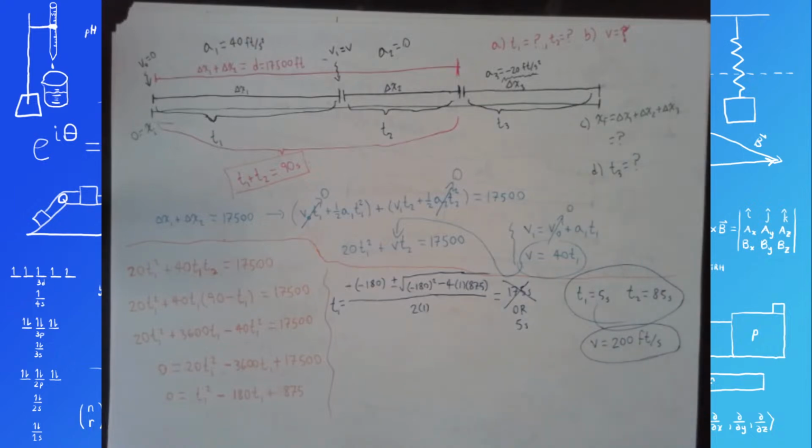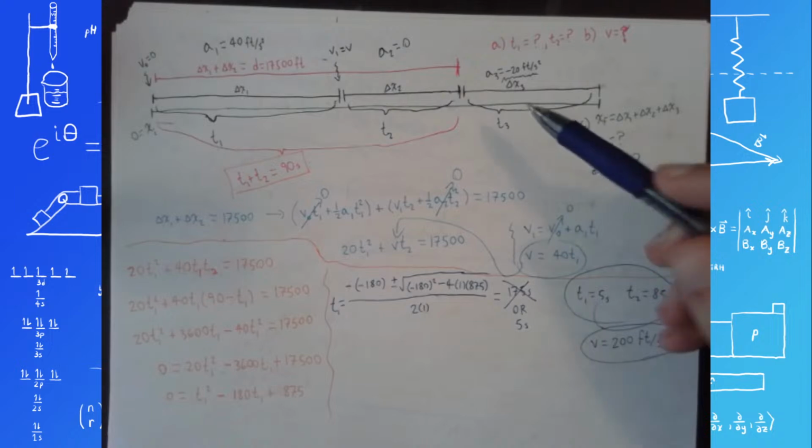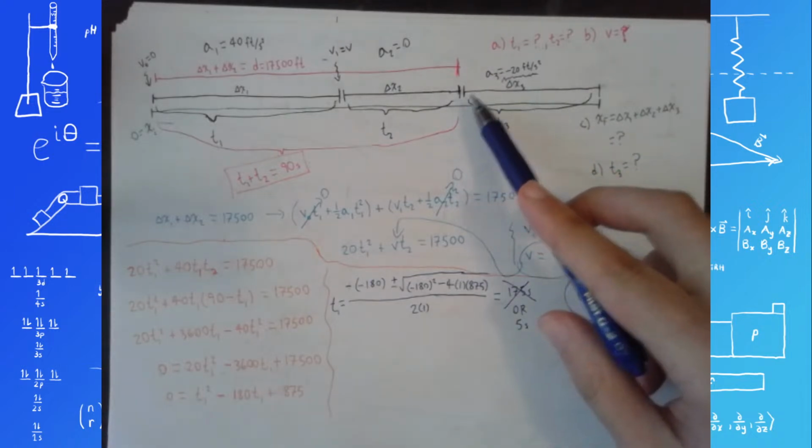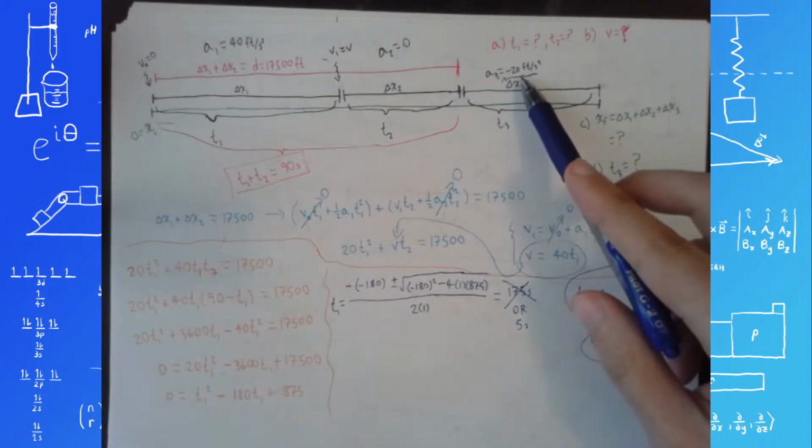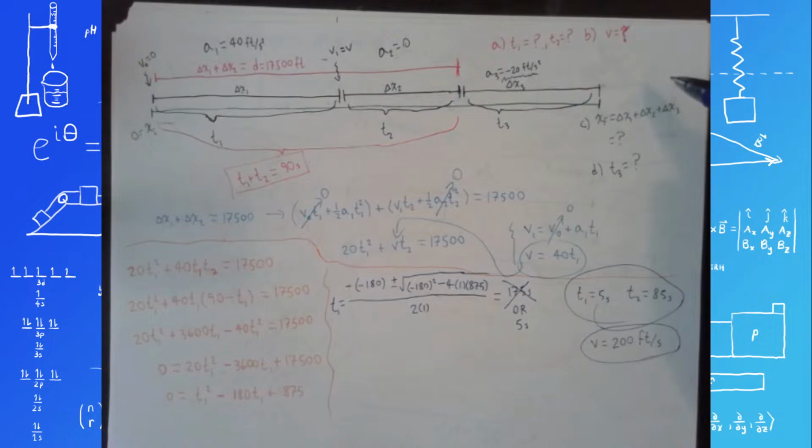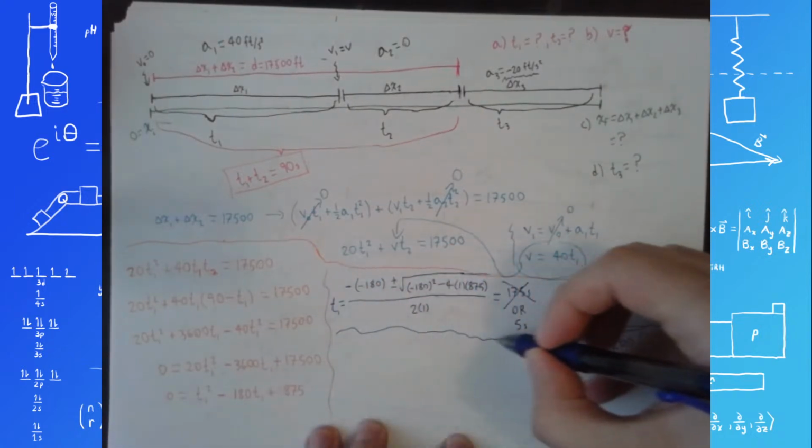Okay, part C. What is the final position if the sled is to slow down at 20 feet per second squared until it comes to a stop? What is the final position? Well, we know what the final velocity needs to be. It needs to be 0.